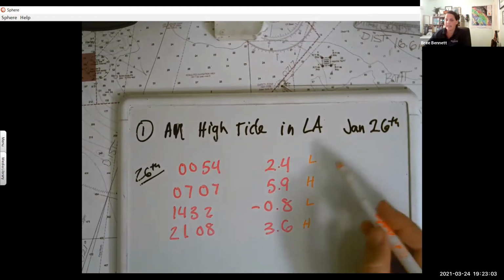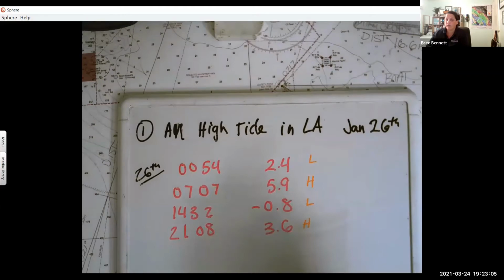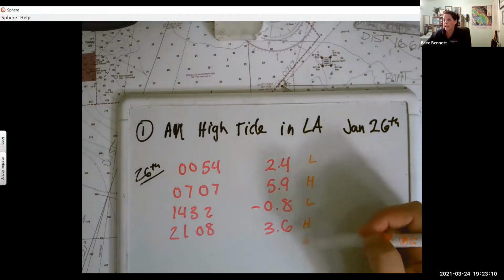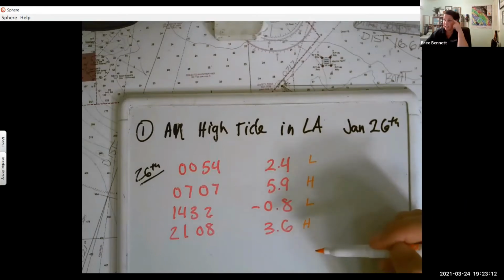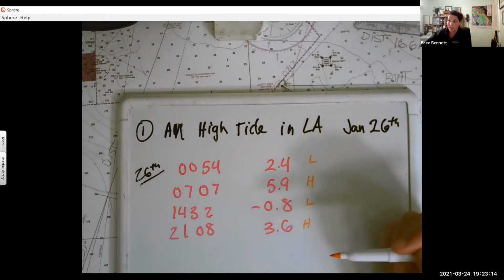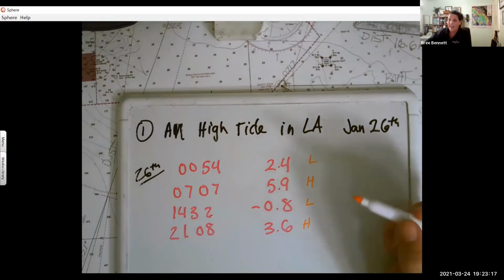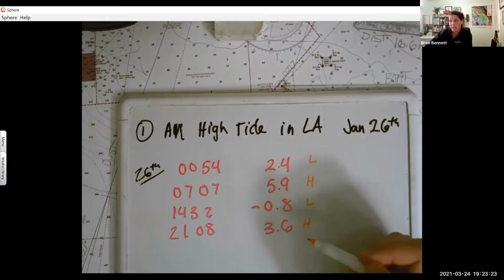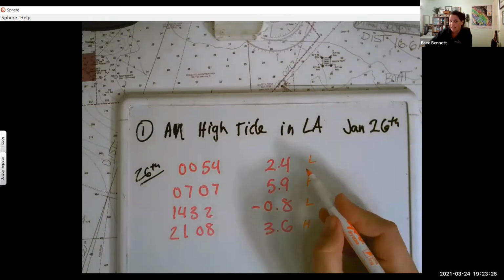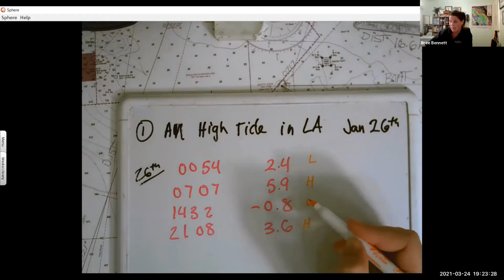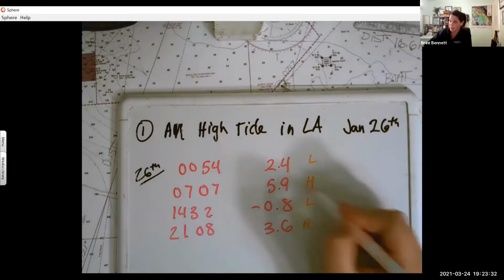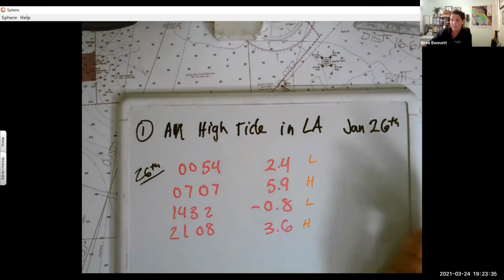So it doesn't tell us, oh, the 707 is the high tide, but it tells us the heights. So we do have to do a little mental thinking here. And when we're looking at somewhere to put the high tide and the low tide, we have to figure that out by looking at the tides. That makes sense, right? We got this, right? So the higher one is going to be the high tide, lower one, low tide.